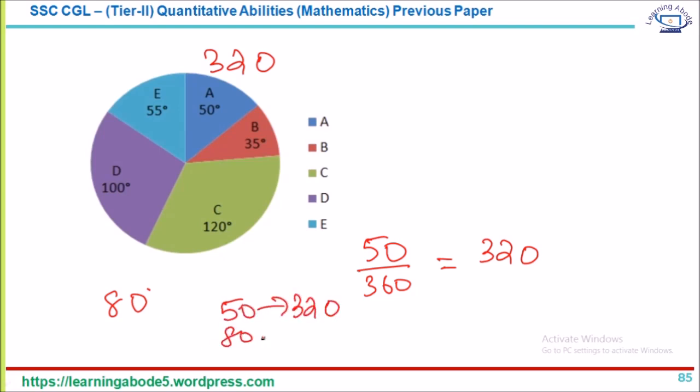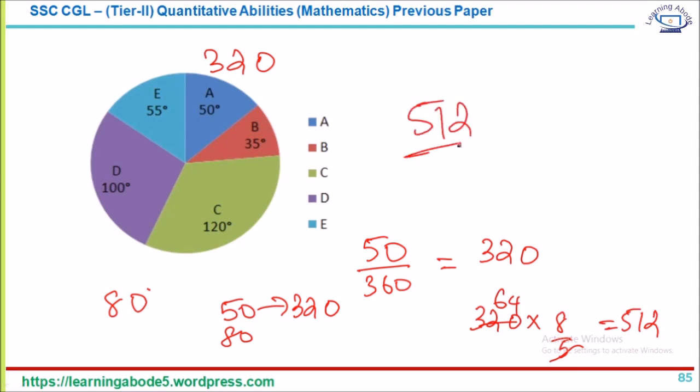Just multiply by 8 by 5. So 320 into 8 by 5, that's 64 into 8, that's 512. Yeah, 512 units is the answer for this question.